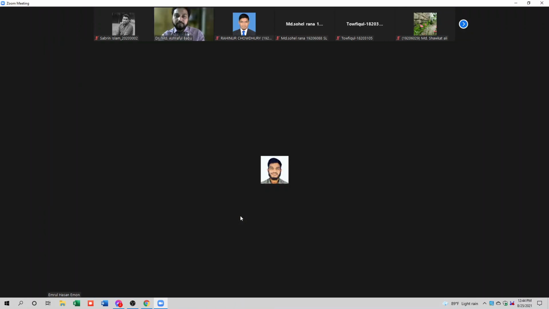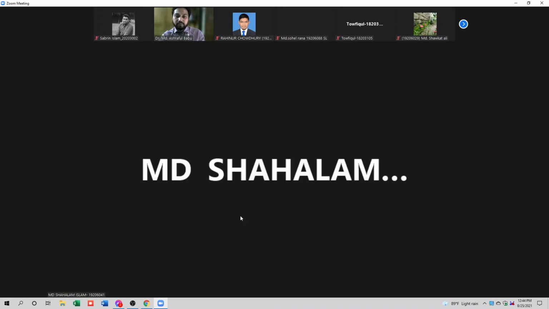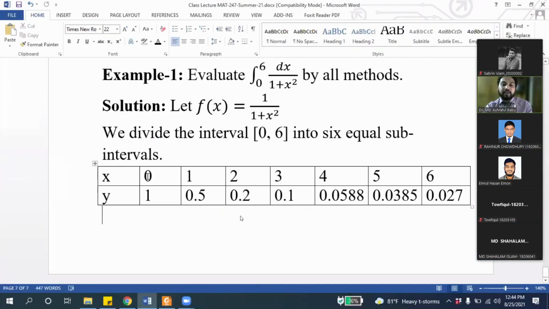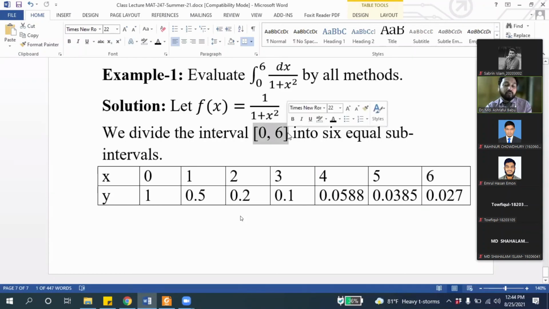Sir, if we don't take 0 and 6 as a domain, will it be a problem? It must be, because your domain is given as 0 to 6. So you must include the first coordinate 0, the last coordinate 6, and in between you have to divide the subintervals. That means you have to understand the notation of the interval.